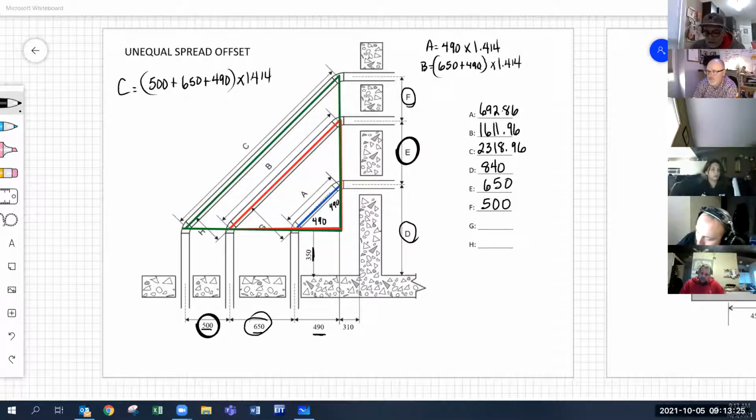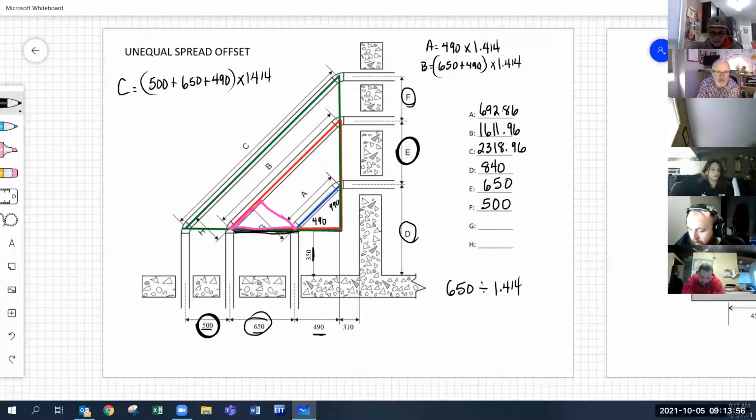And now I'll solve for G. And there's my right angle triangle right in there. So G is 650 divided by 1.414, because the 650 that's in here is a travel.